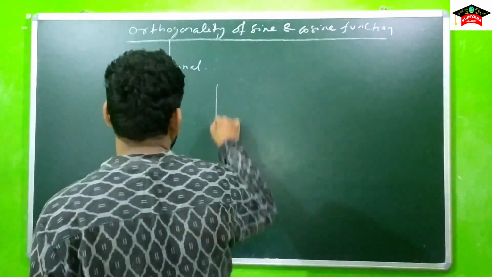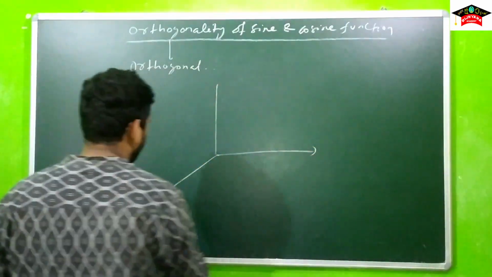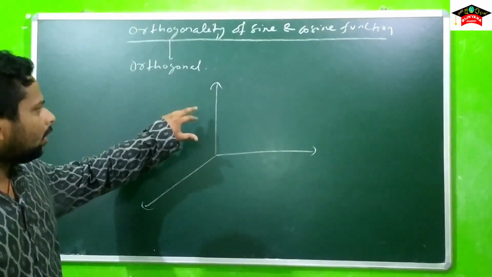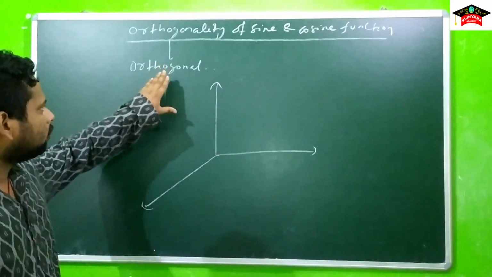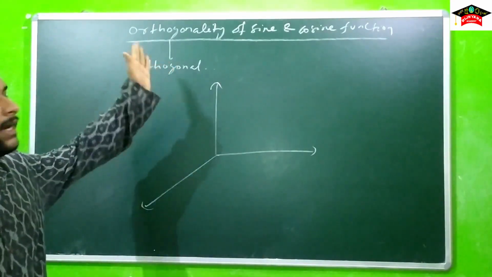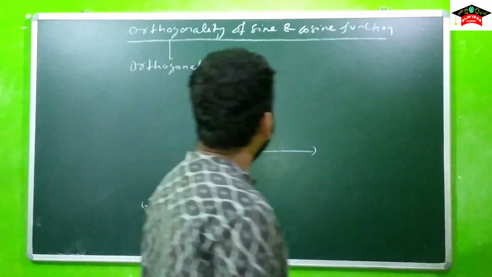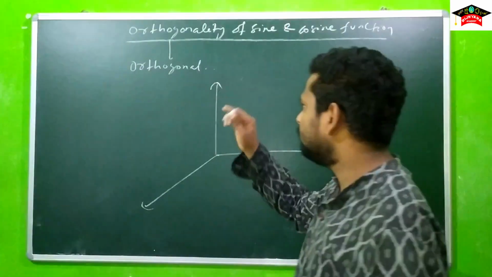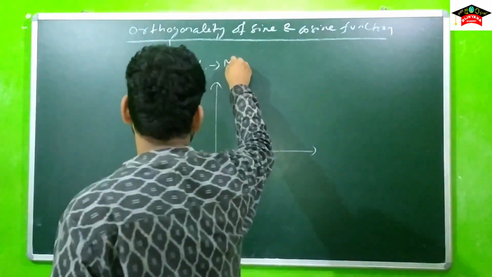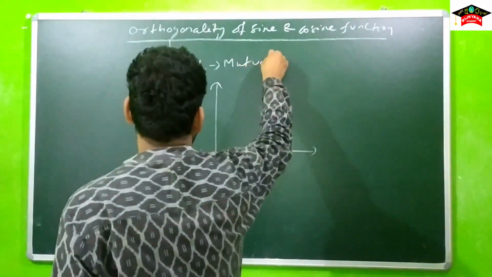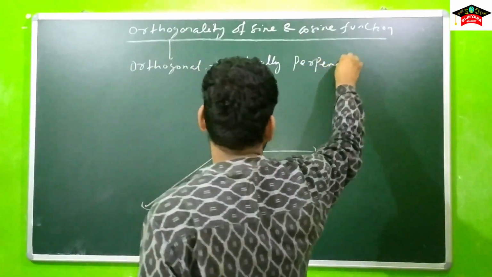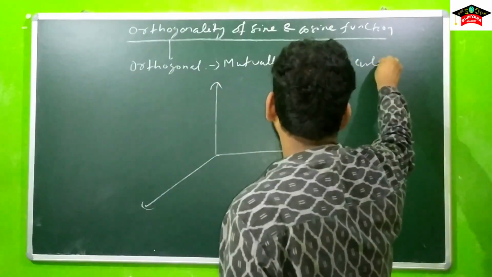Let us consider a Cartesian coordinate system. I will first let you understand the simple behavior of the Cartesian coordinate on the orthogonal property, and then we can directly skip to the behavior of the orthogonal property on sine and cosine functions. So orthogonal generally means mutually perpendicular.